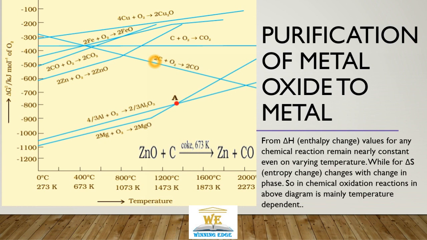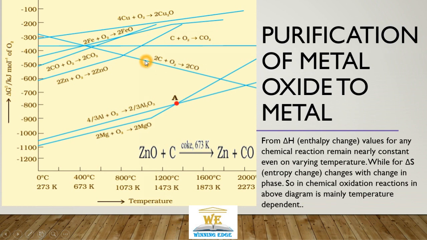Let's take an example of zinc oxide. This is the zinc oxide diagram, and zinc has a negative delta G. This is the oxidation diagram.